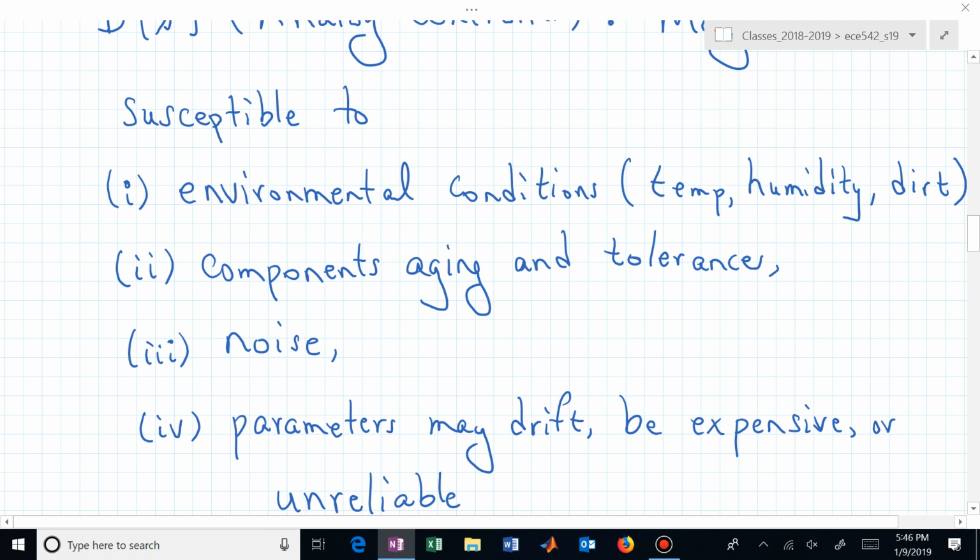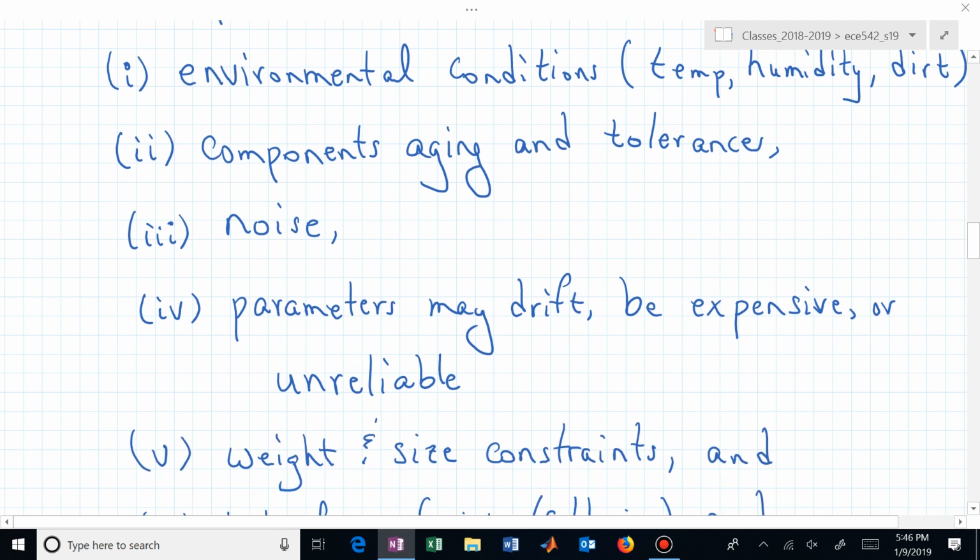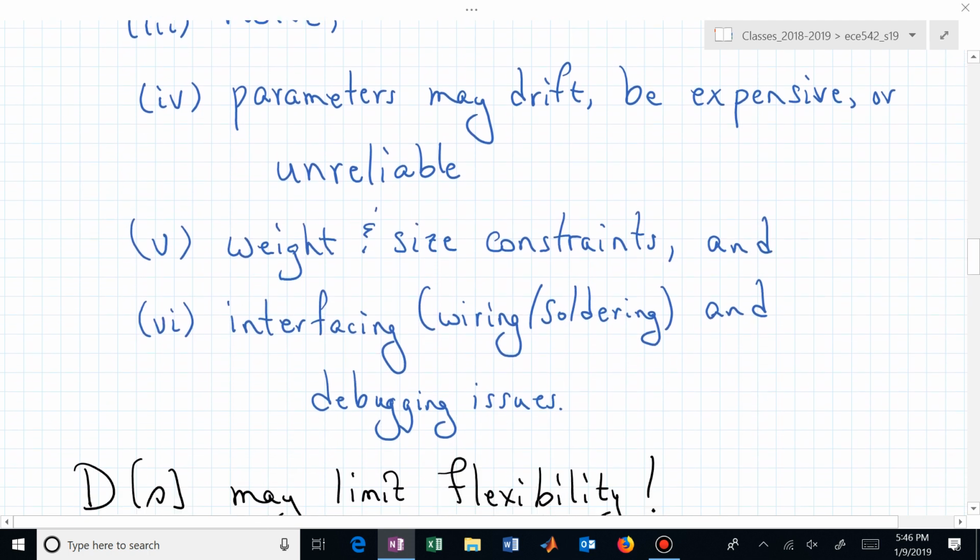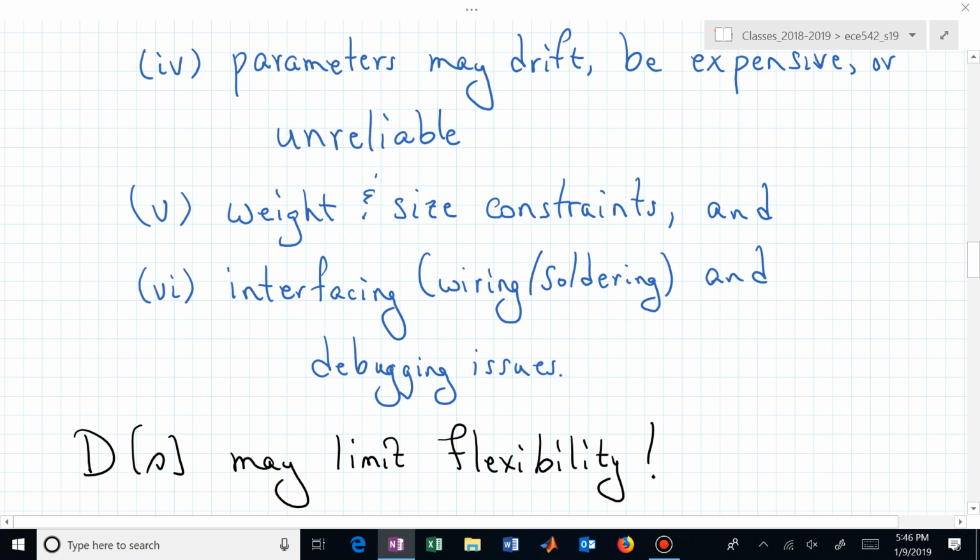The tolerances: maybe you thought this was a 1% resistor, and in fact it was a 20% resistor, and now you're not meeting your specifications. Noise might enter the system, and the parameters might be expensive. They may be heavy to put all of these parts together onto a circuit board and make your controller.